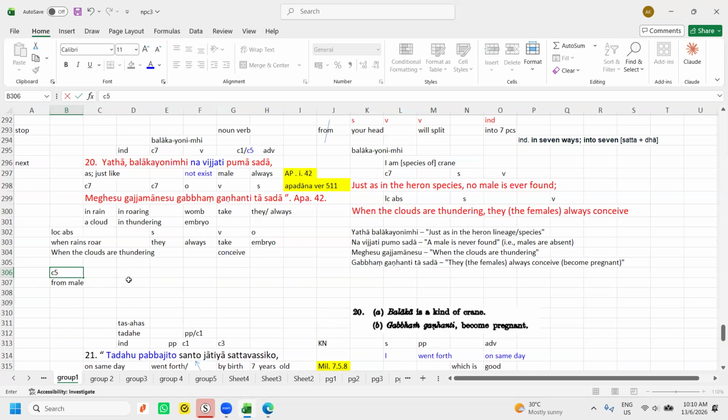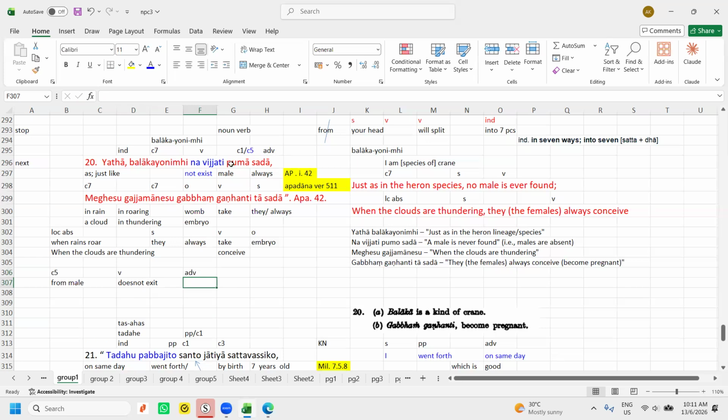So in this case, with the verb, it does not exist. Then this is the verb. So an adverb always follows a verb. This is the adverb.